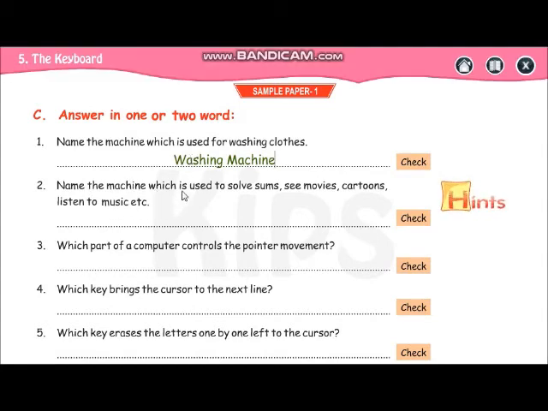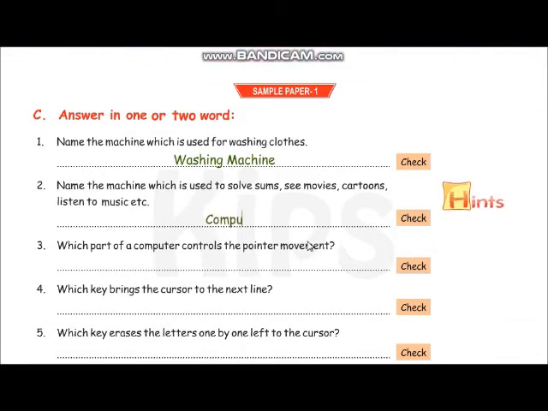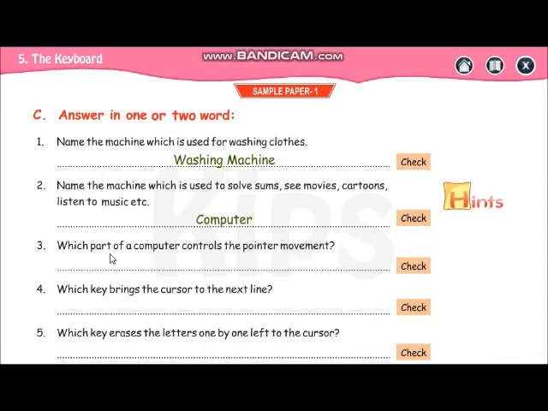Name the machine which is used to solve sums, see movies, cartoon, listen to music, etc. So that is your computer. Which part of computer controls the mouse pointer? Mouse कौन control करता है? Mouse.